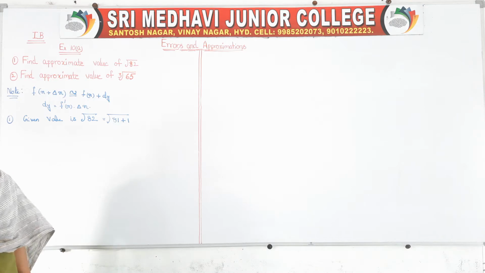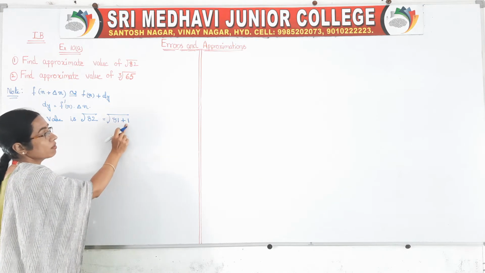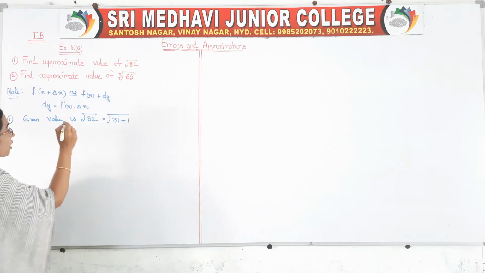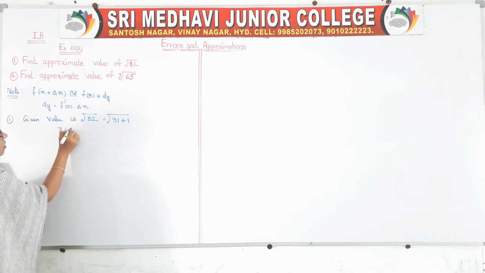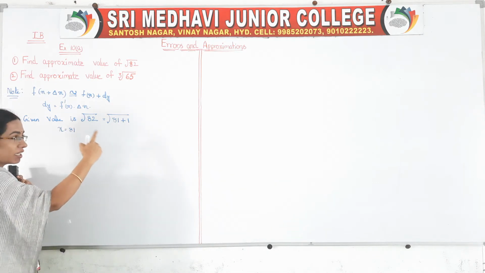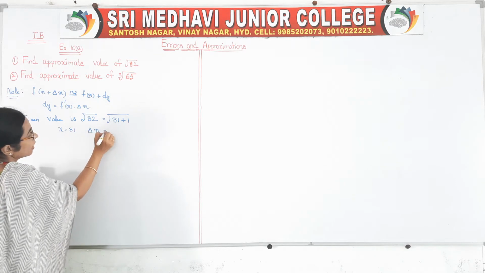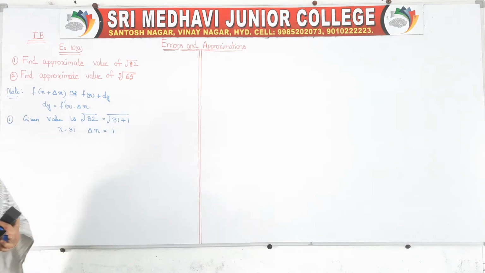We can get it as 9. So we can write root 82 as root of 81 plus 1. So we can consider x is equal to 81 and there is an increment in x value, that is delta x is equal to 1.